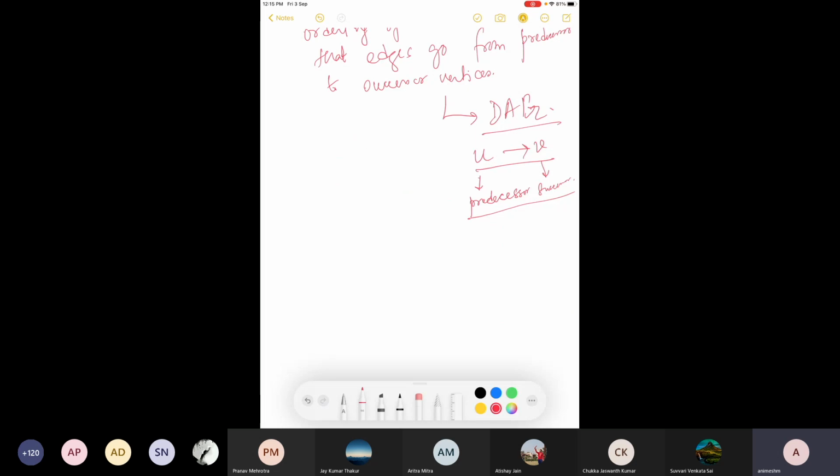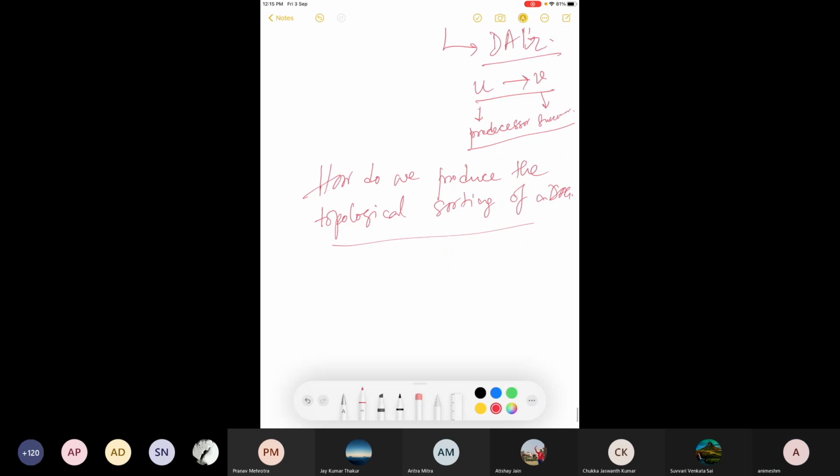Now, how do we produce the sorting of a DAG? Any idea?